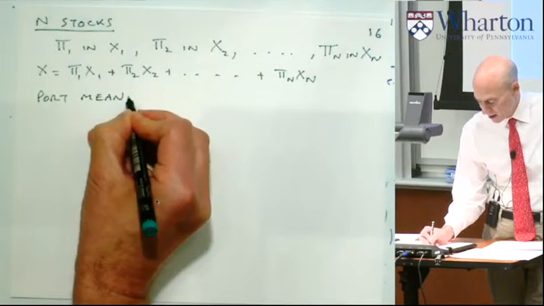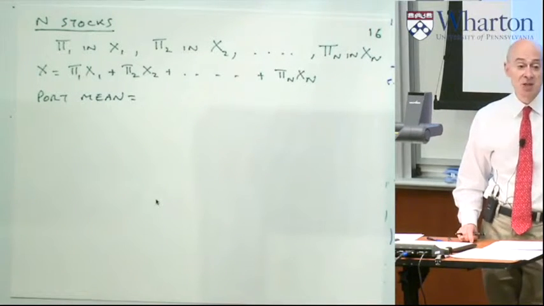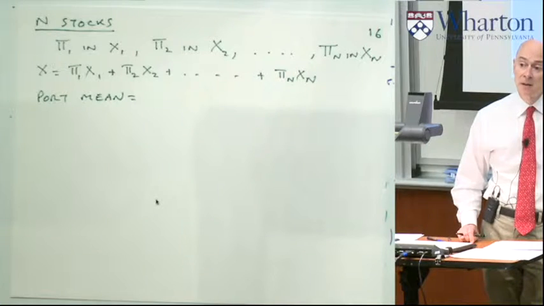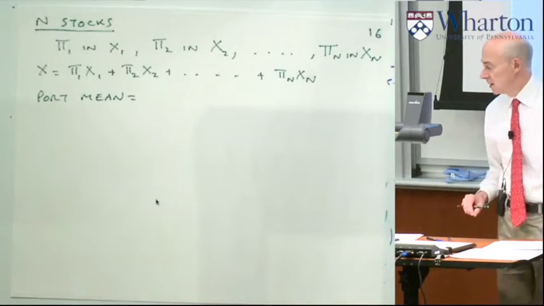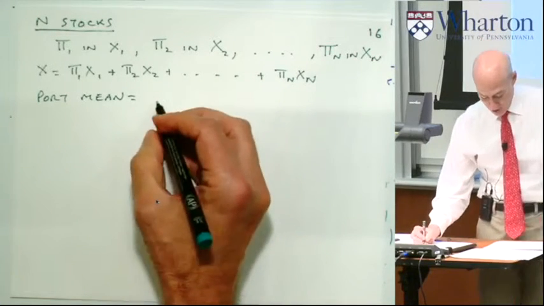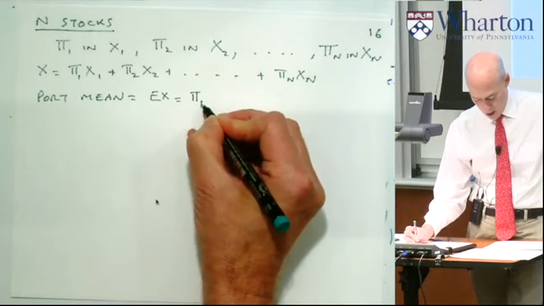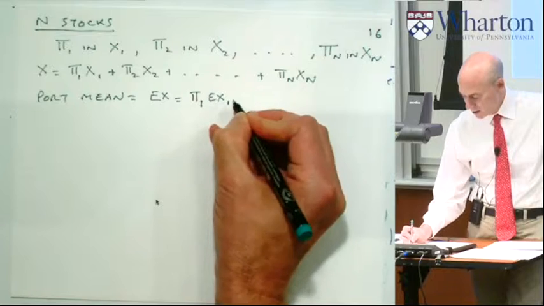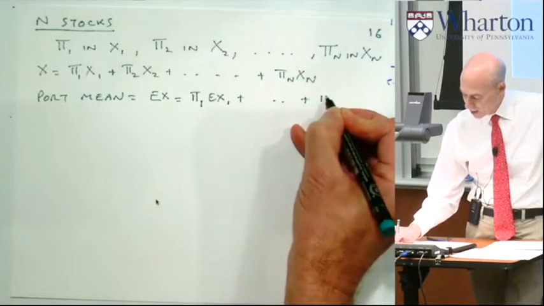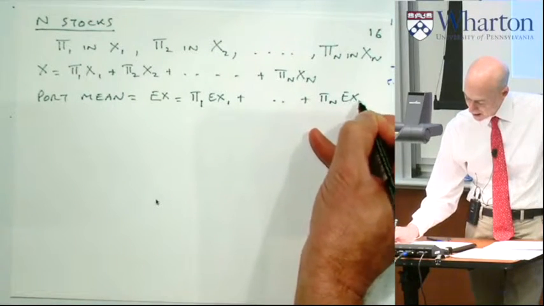The portfolio mean, what do we know about means? They add. So we know that the portfolio mean, EX, is just going to be pi1 EX1, and so on up to pi n EXn.